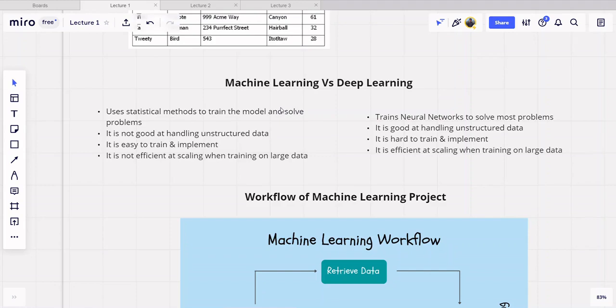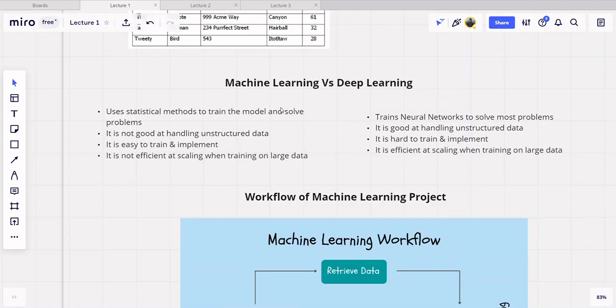Whereas deep learning neural networks can contain thousands or even millions of parameters at once, so it becomes very difficult to train them on your local laptop. And as the data increases, since they have such a large number of parameters, they can easily learn from this large data.